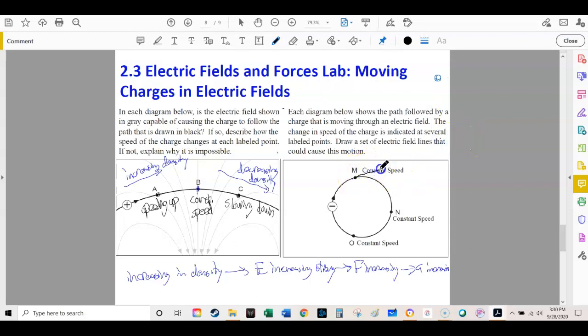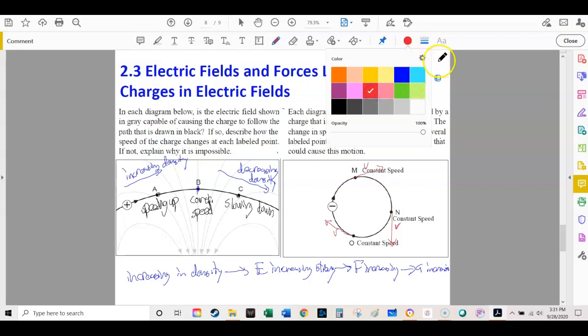Constant speed means the magnitude of the velocity vector has to be the same size at each one of these points and tangent to the path. So I'm drawing little velocity vectors to help me reason through this, right? And so this is kind of like a car turning in a circle.